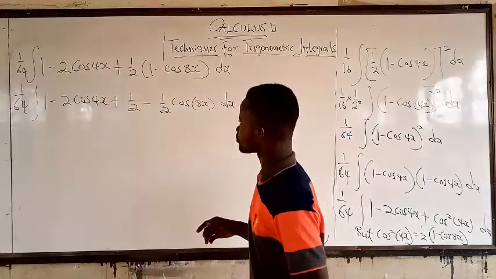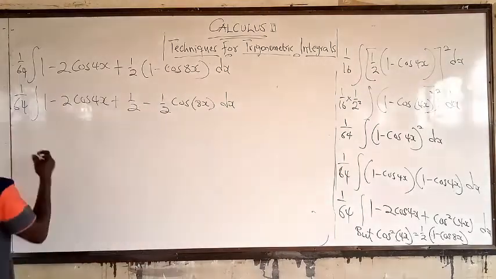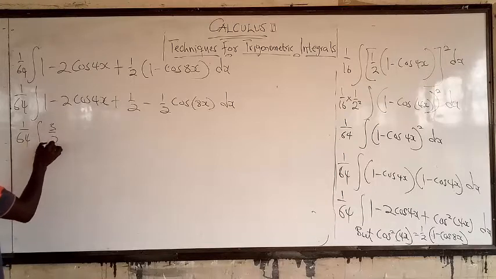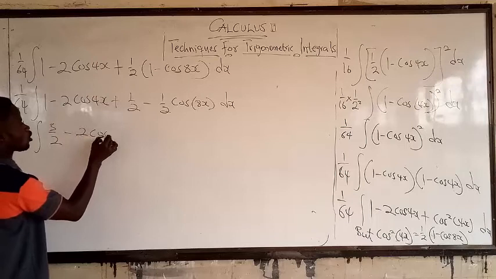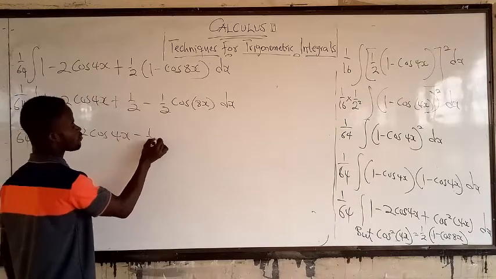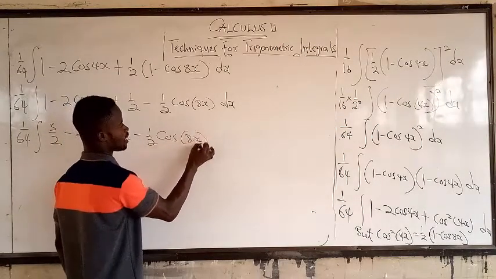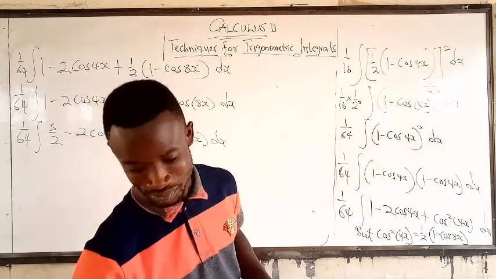And now we can still add this to this to get 3 over 2. So 1 over 64 integral of 3 over 2 minus 2 cos 4x minus half cos 8x dx. In fact, I want to take my time and explain this to you.